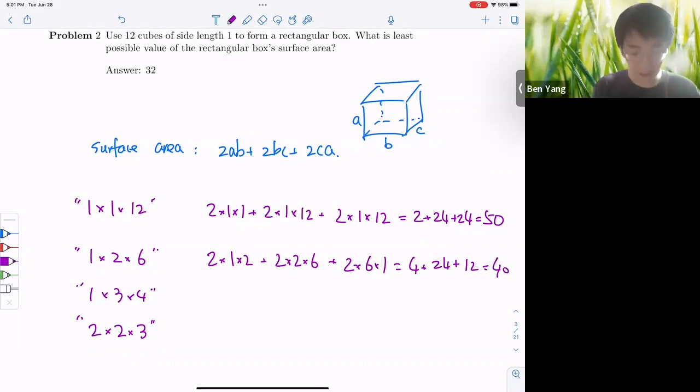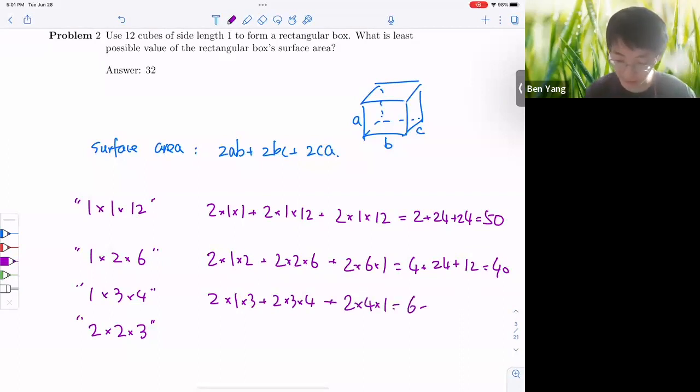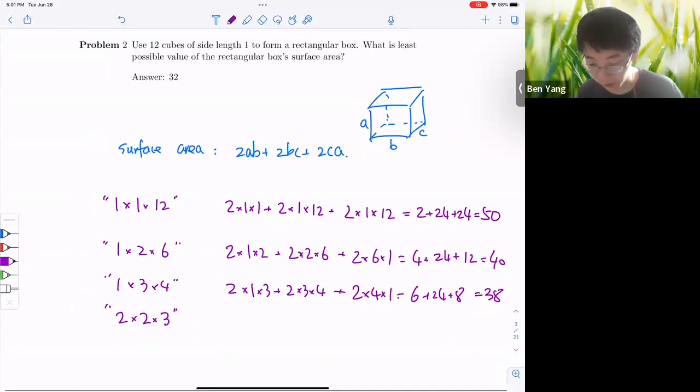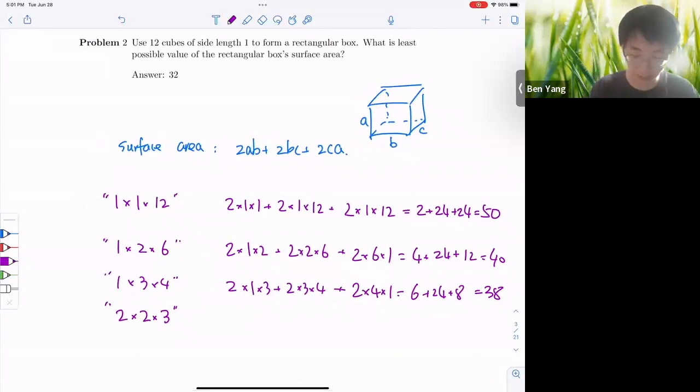Okay, for the 1 by 3 by 4, we have 2 times 1 times 3, 2 times 3 times 4, and 2 times 4 times 1. That's 6 plus 24 plus 8, and that's 38. So we're getting smaller and smaller numbers. And the last one, we have 2 times 2 times 2, 2 times 2 times 3, and 2 times 3 times 2.